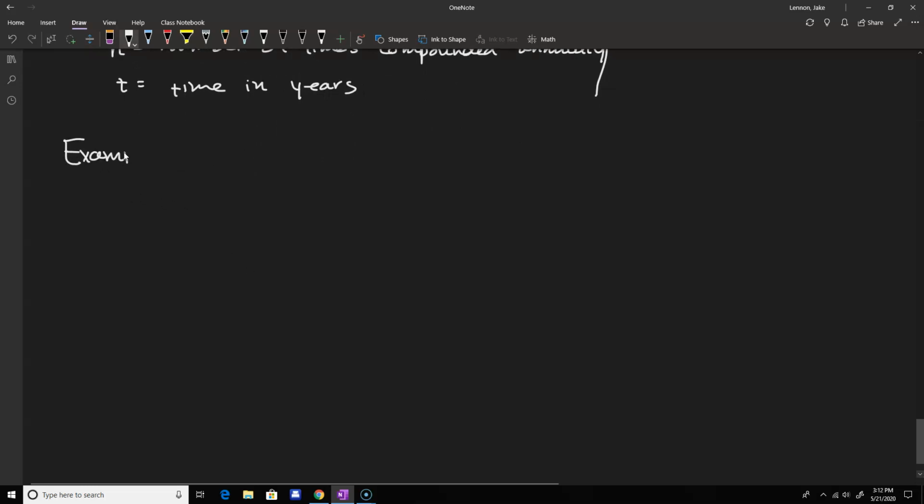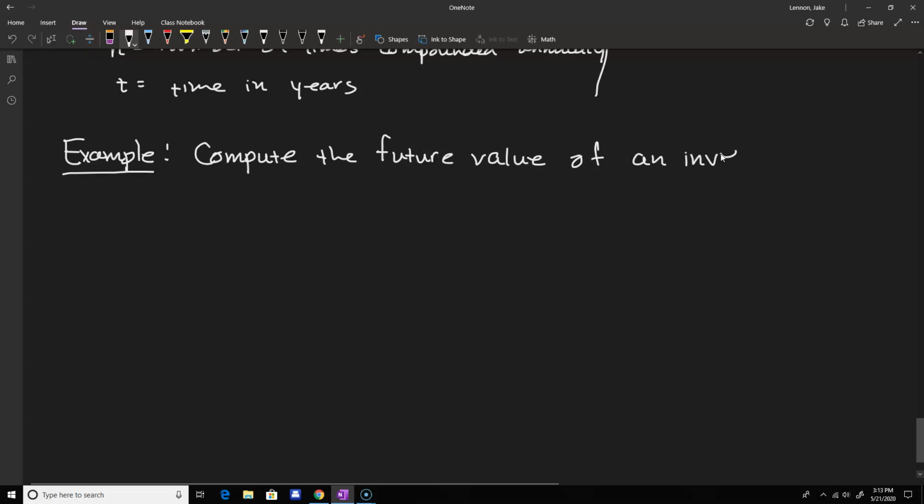So example, let's go ahead and compute the future value of an investment of $30,000 at 8% for 5 years.